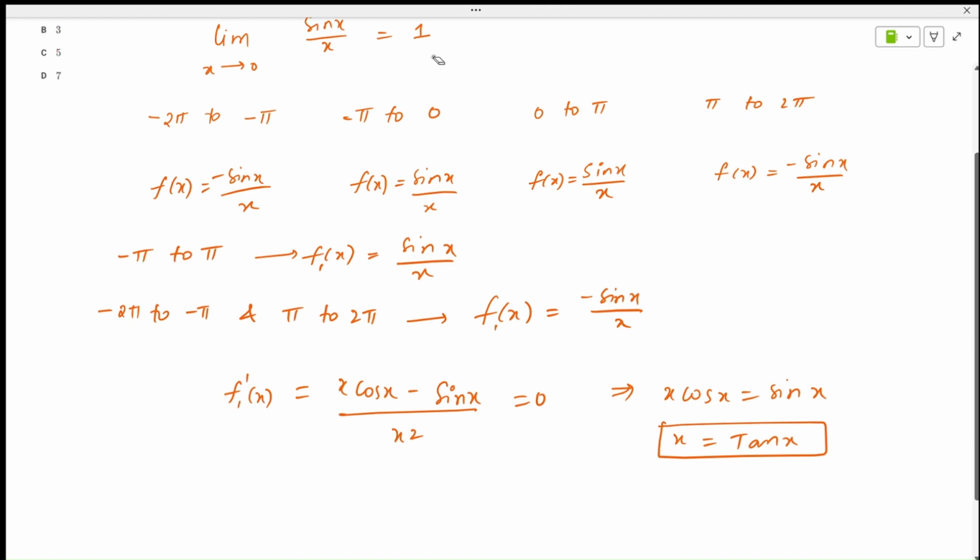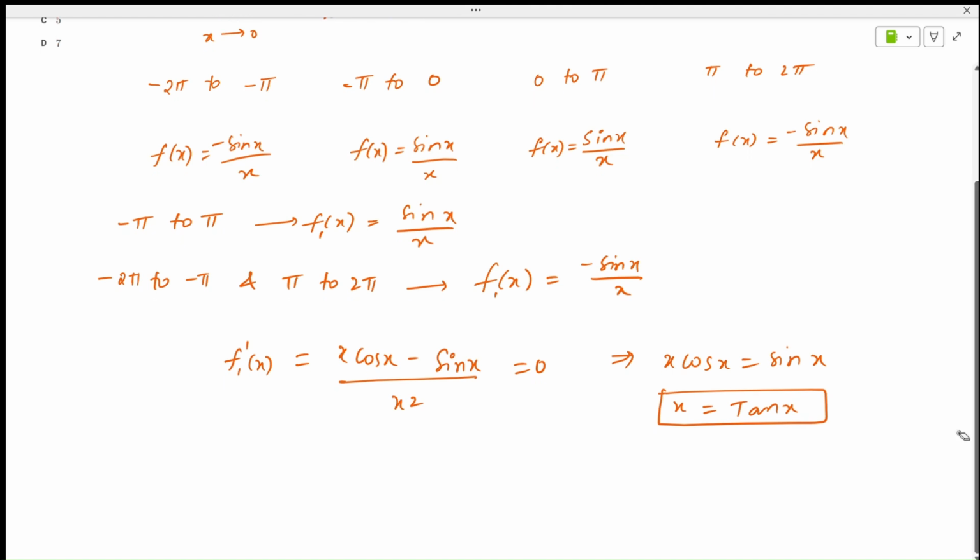Now let us look at the second function, which is f2 of x. f2 dash of x equals, we'll get minus x cos x minus sin x by x square equal to 0. From this, minus x equals tan x.